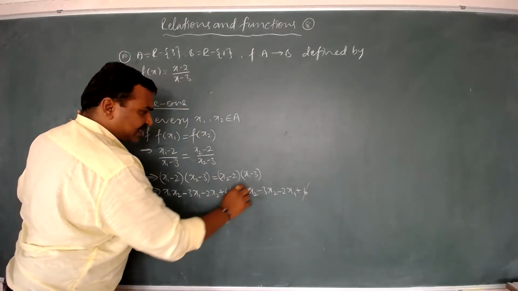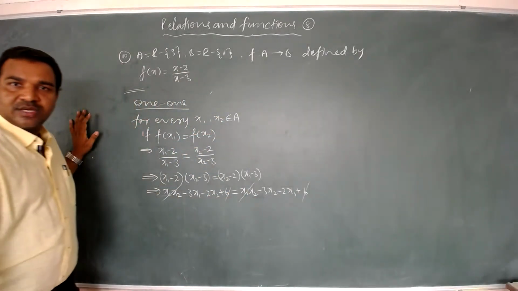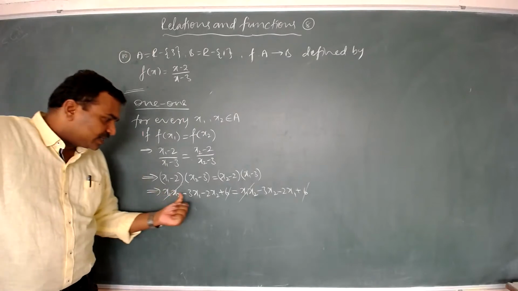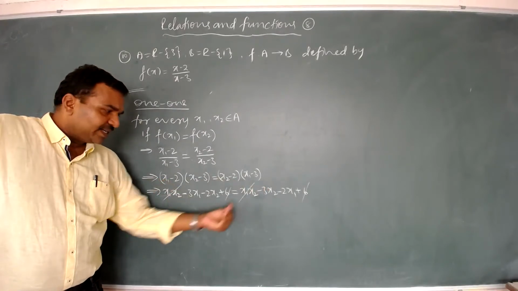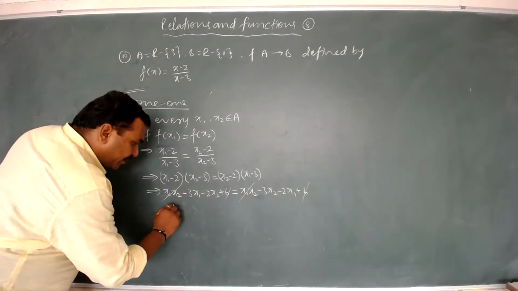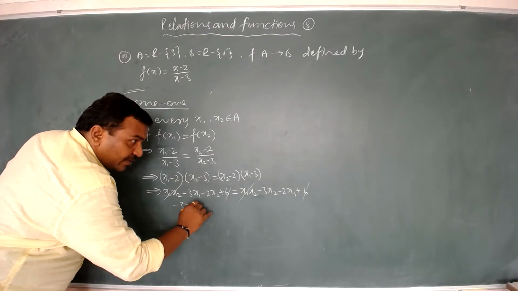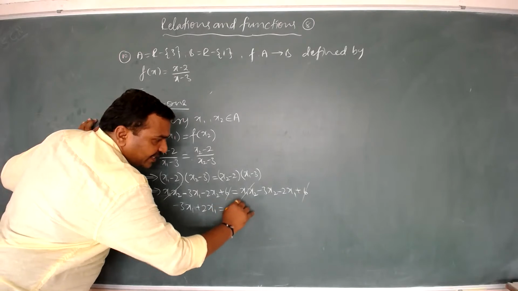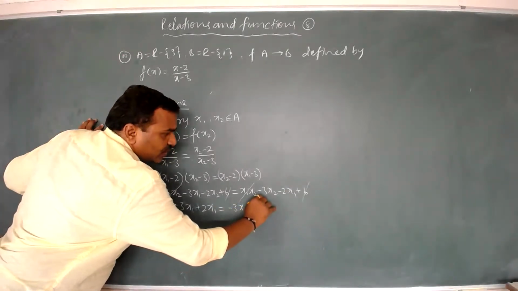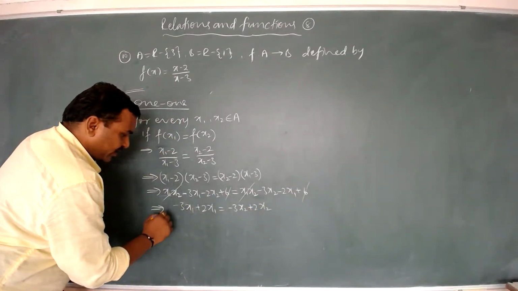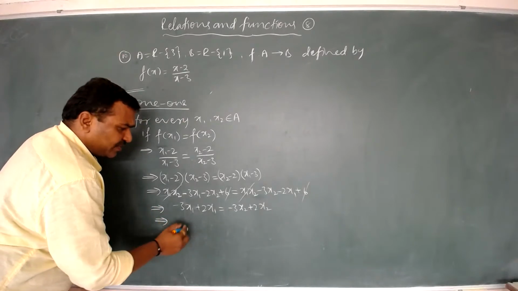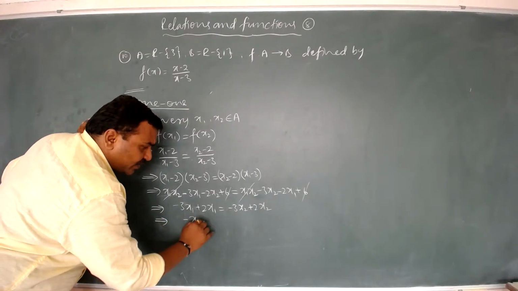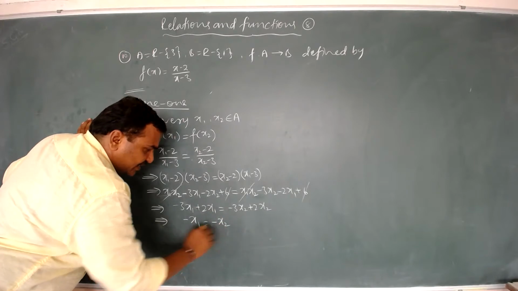So here 6 is cancelled, x1 x2 cancels. Next, take x1 terms one side, x2 terms other side. Minus 3x1 plus 2x1 equal to minus 3x2 plus 2x2. Minus x1 equal to right side minus x2.